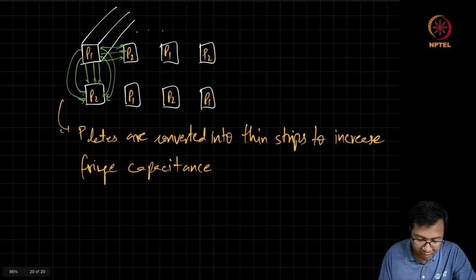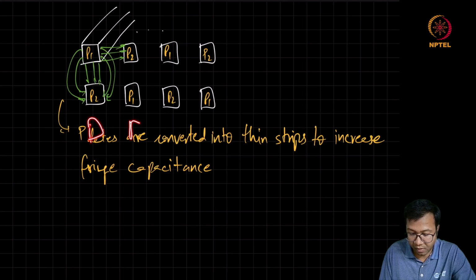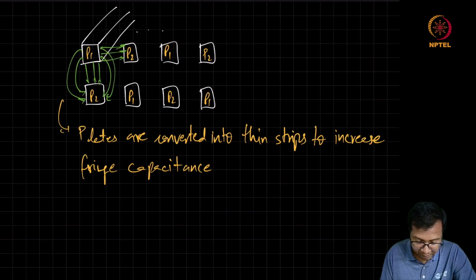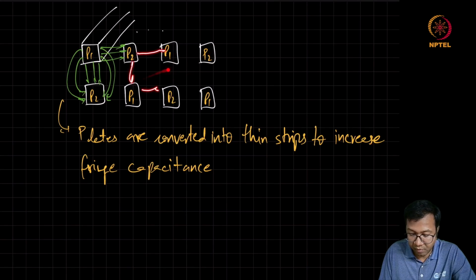And this idea can be extended to more than 2 layers. So you can add as many layers as you want. You can already see that this capacitance is formed just by using the metals which are available, and this region between these metals is filled with oxide.